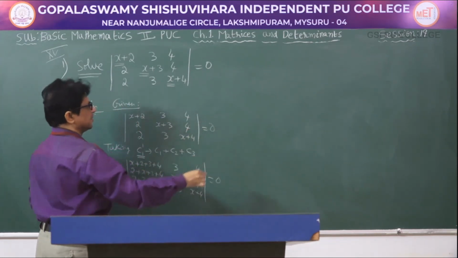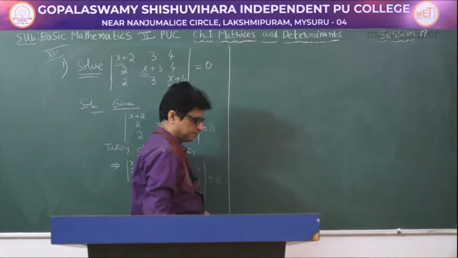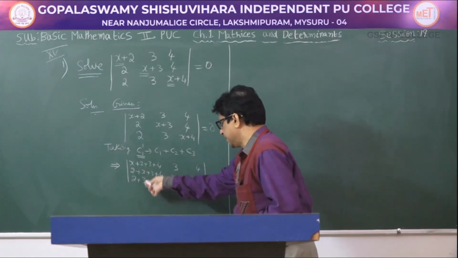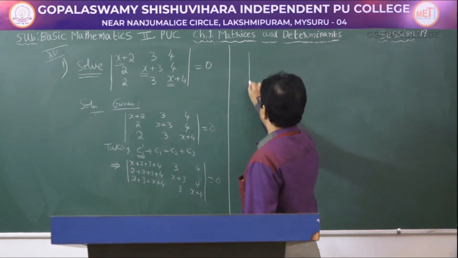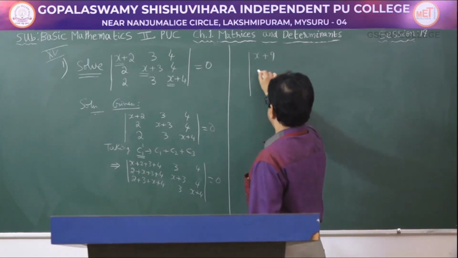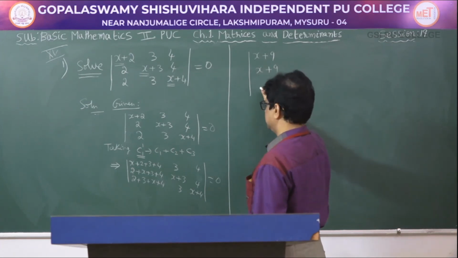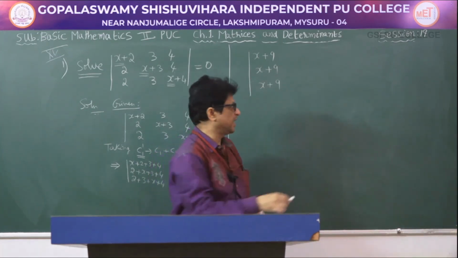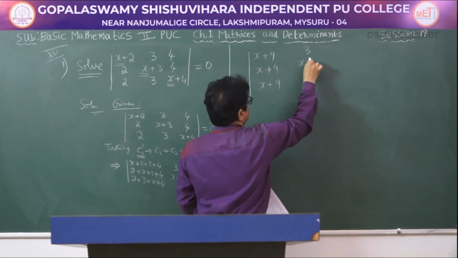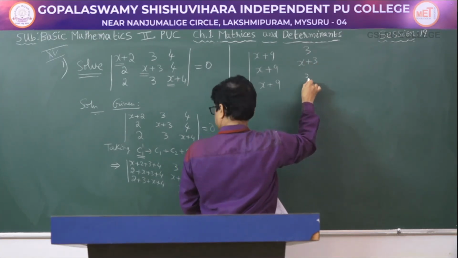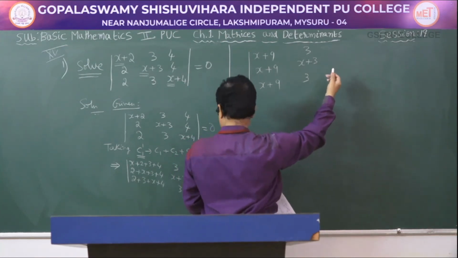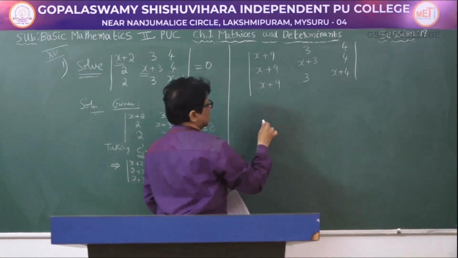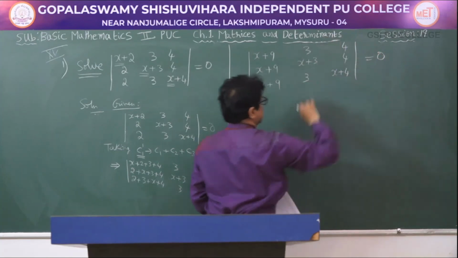That will be equal to 0. If we add x plus 2 plus 3 plus 4, we get x plus 9. That is x plus 9, x plus 9, x plus 9. And the next column will remain as it is, that is 3, x plus 3, 3. And the next column is 4, 4, x plus 4. That will be equal to 0.